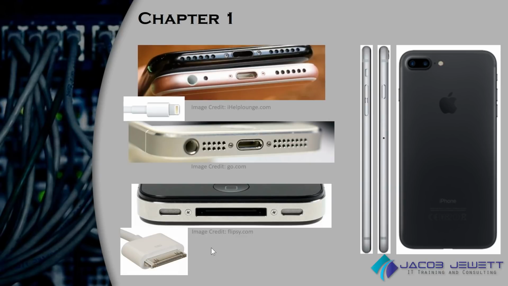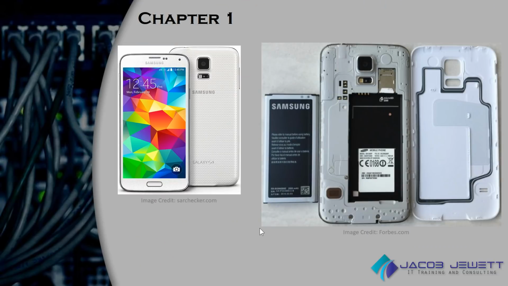So you have iOS on your iPhone, and then you have on Android devices the Android operating system. And then some phones also release proprietary versions of an operating system, basically their own flavor of an operating system for their cell phone.